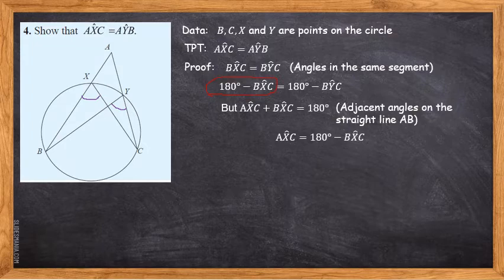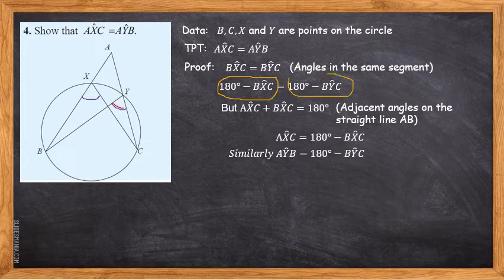Similarly, if you consider on the other side here, BYC angle and AYB angle are adjacent angles on a straight line. Therefore, you can do the same thing and obtain the result AYB is equal to 180 minus BYC. බලන්න ළමයි දැන් අපි හදාගත්ත උඩින් හදාගෙන තියෙන equation එකේ තියෙනවා බලන්න 180 minus BXC is equal to 180 minus BYC.